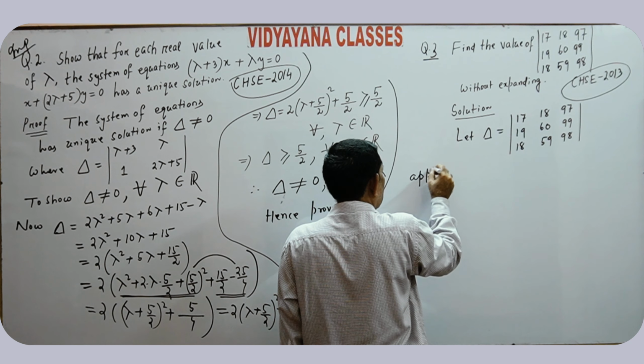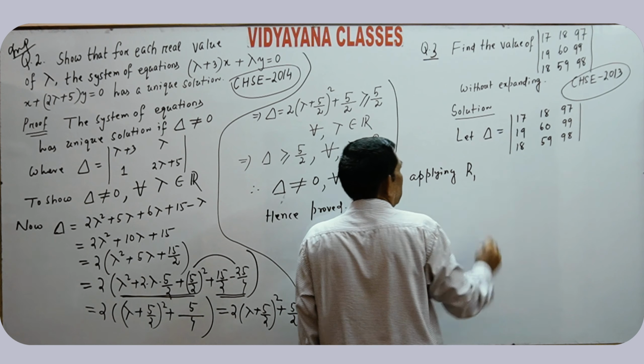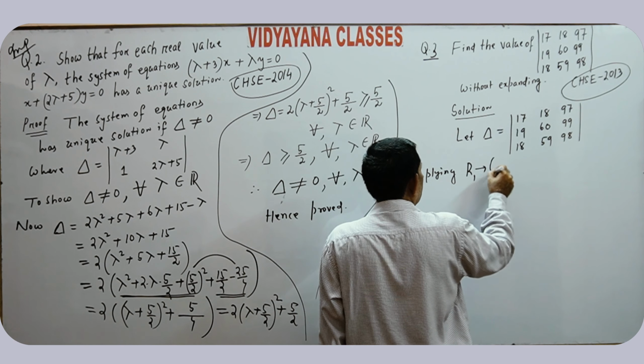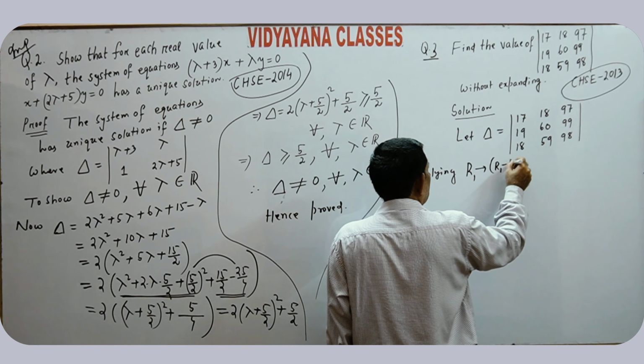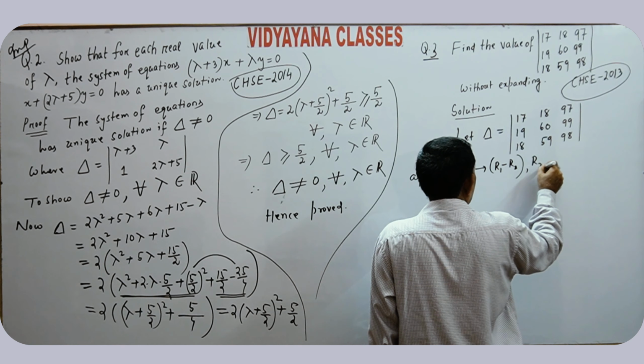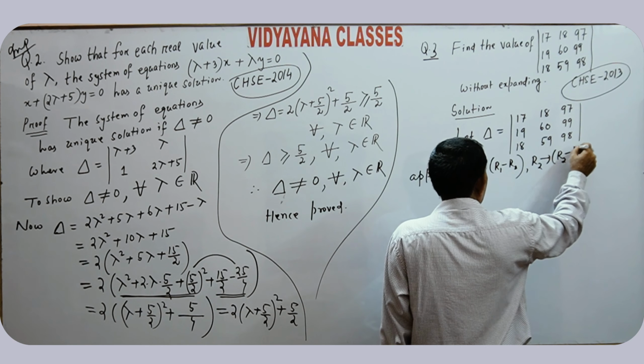Applying row 1 replaced by row 1 minus row 2 and row 2 replaced by row 2 minus row 3.